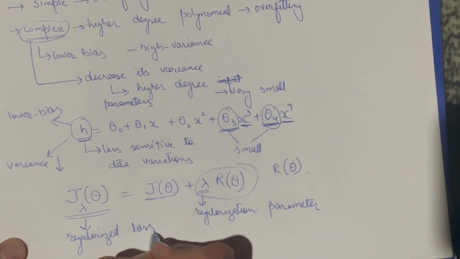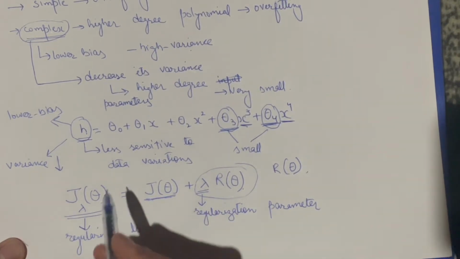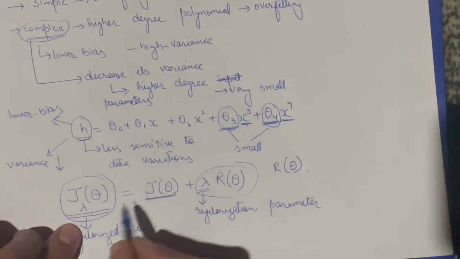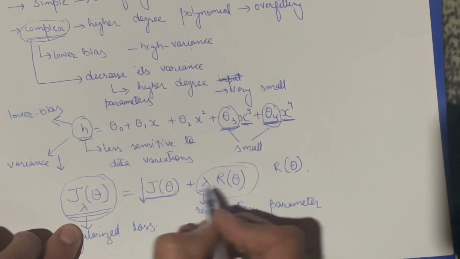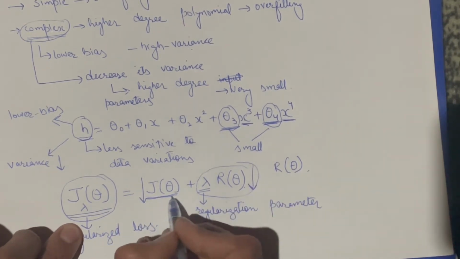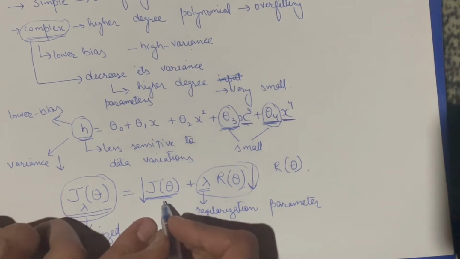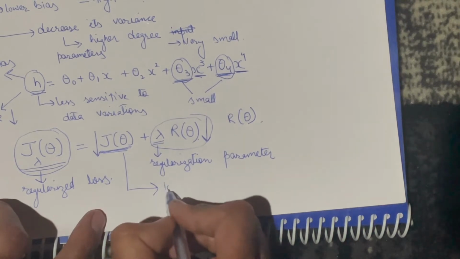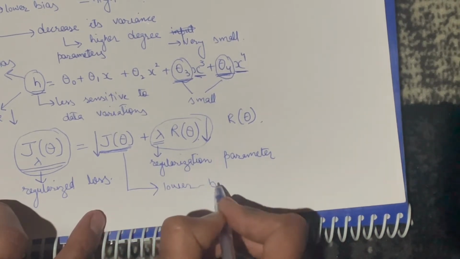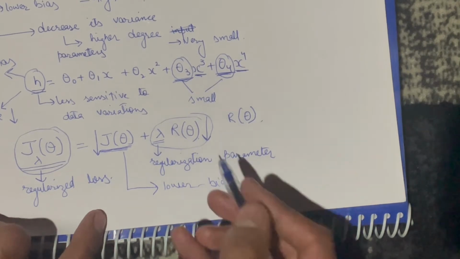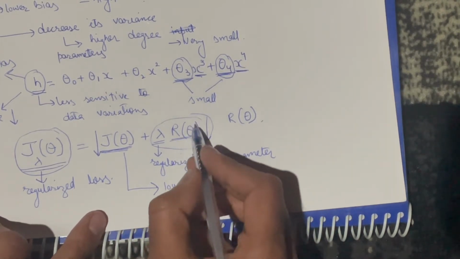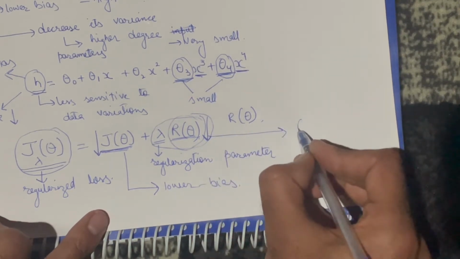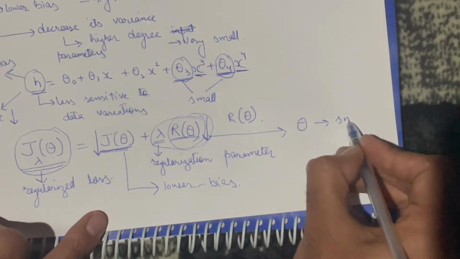Now instead of decreasing J theta, we will decrease this particular quantity, which means decreasing J theta and decreasing R theta. This portion we already know: decreasing J theta means having a model which has lower bias. And decreasing R theta, we want to decrease it in such a way that the higher order theta parameters will become small.